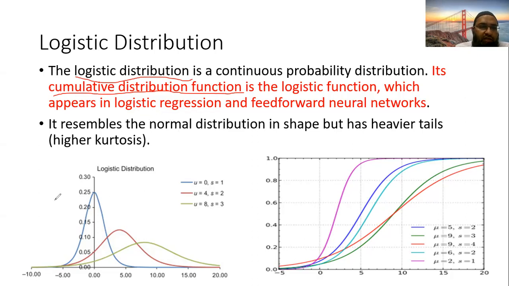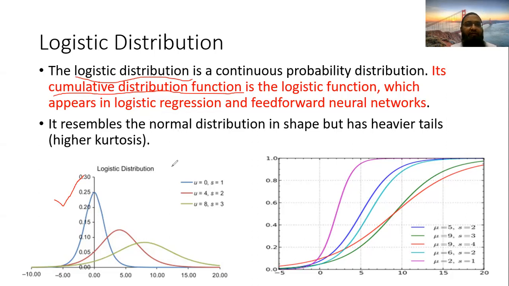So this is the PDF of the logistic distribution. The PDF of the logistic distribution resembles the normal distribution. The shape is almost the same, like the bell-shaped curve, but it has higher kurtosis in the sense that the tails are a bit heavy. You can see some weight there in the tails.